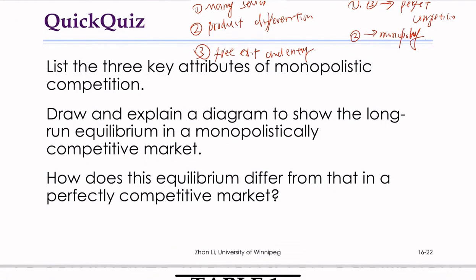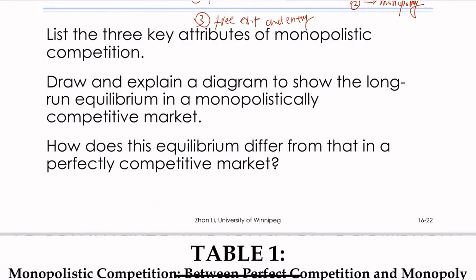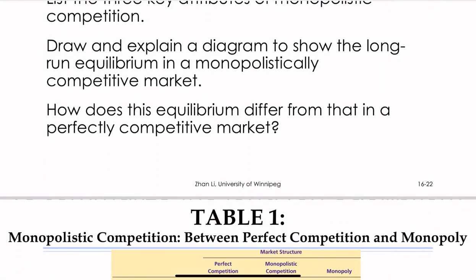Draw and explain a diagram to show the long-run equilibrium in a monopolistically competitive market. So we have done this before. Basically, you would start from the demand curve, and then the marginal revenue curve, and then the marginal cost curve. This will give you the price.